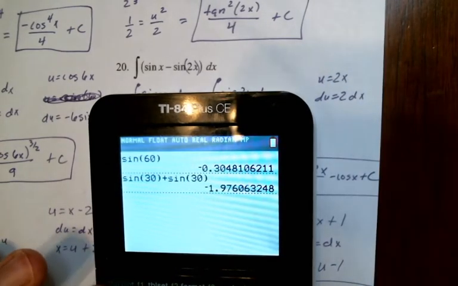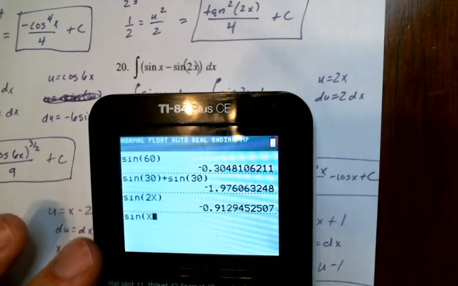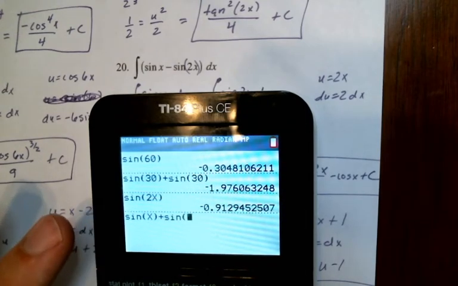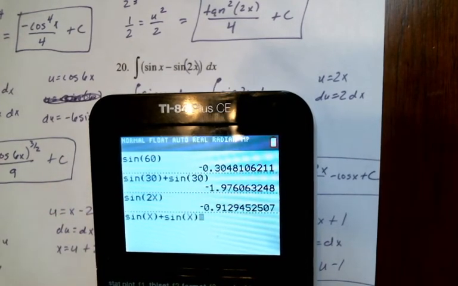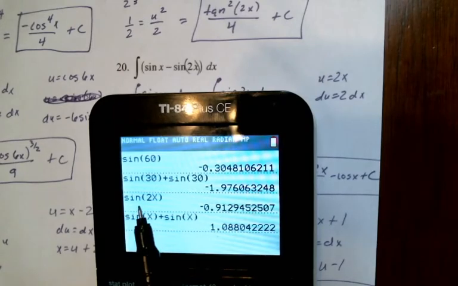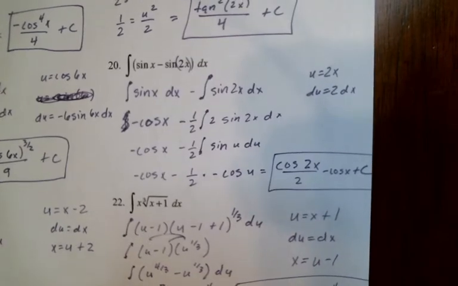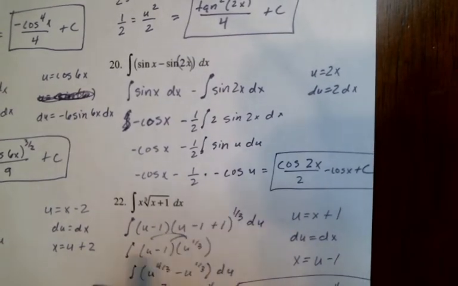You could also just do sine of 2x and then sine x plus sine x, and you see they're not the same. Now 2 sine x would be the same, but not sine of 2x. That's your angle, which is a little bit different. All right. So that's the way I would work that.